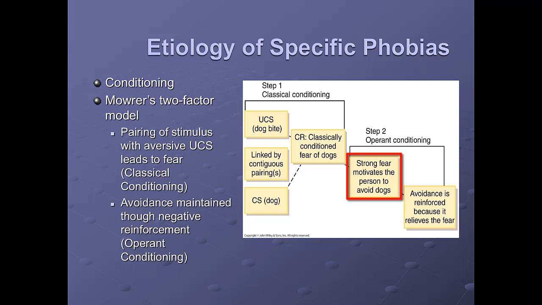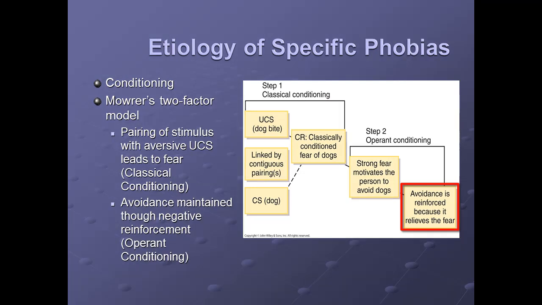So he's very motivated to avoid dogs, and what that avoidance strategy does is relieve his fear. It continues to reinforce this avoidance, because the fear becoming relieved acts as a negative reinforcement. You're taking away something negative. It increases the likelihood that he continues to engage in this avoidance pattern of behavior.